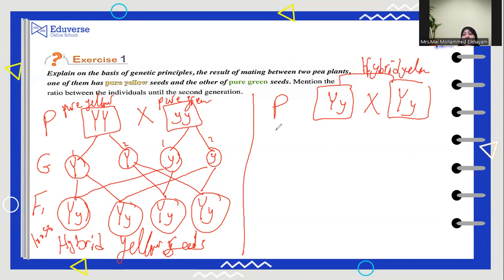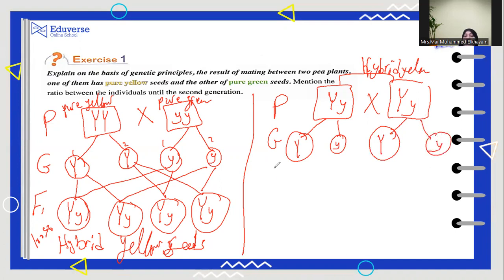Okay, the first step, to form gametes. Gametes are haploid. So one of them will take Y capital and the other will take Y small. Here, the probability to take Y capital and another probability to take Y small.